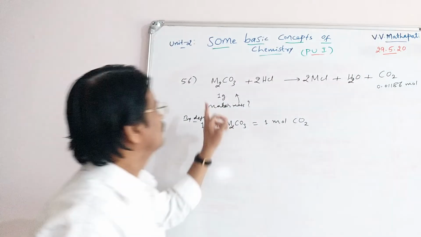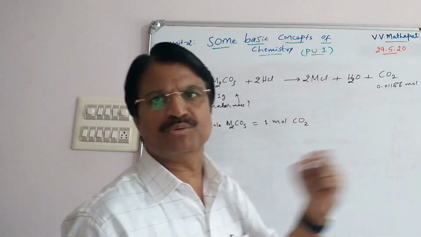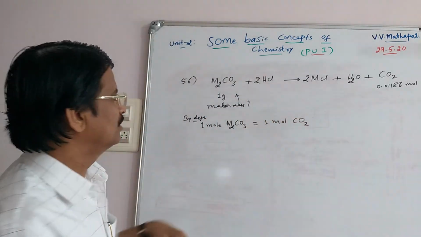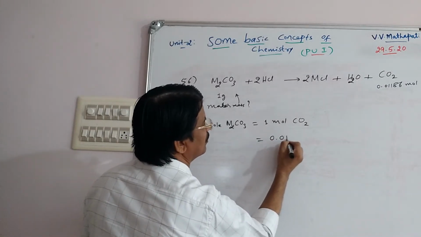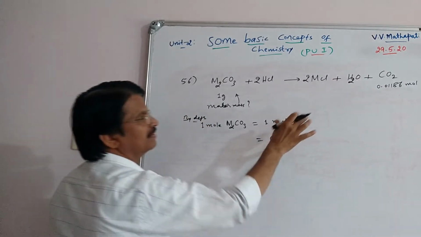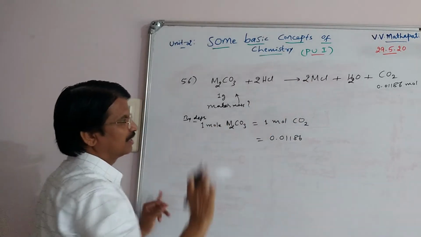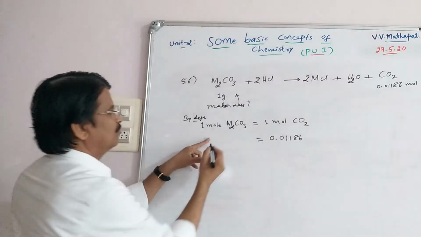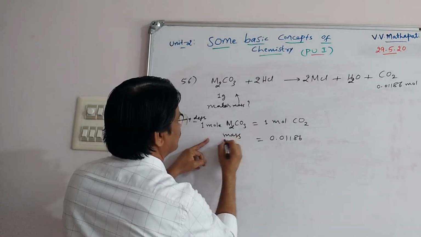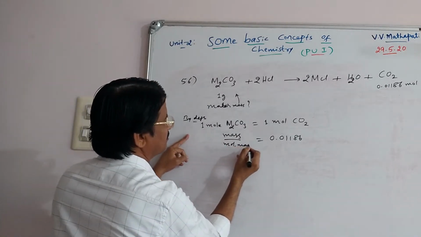But when the experiment is carried out, we get only 0.01186 mole of CO2, and that mole value you write first, which is given in the question. Many times I told you the mole formula: mass by molecular mass.